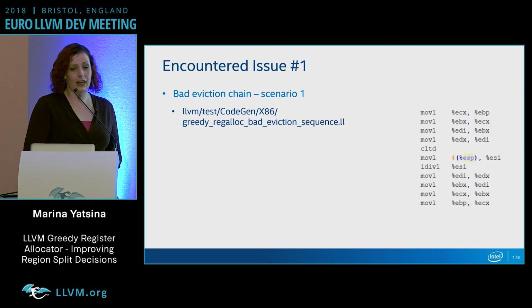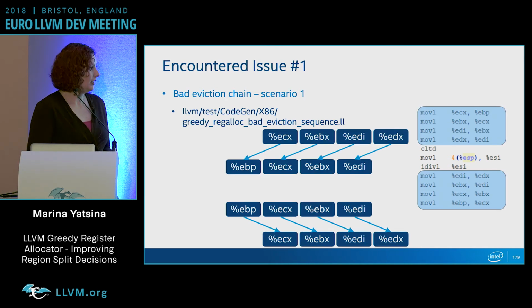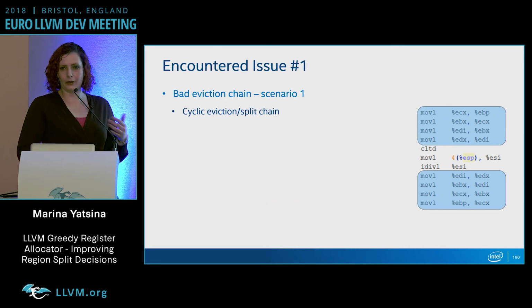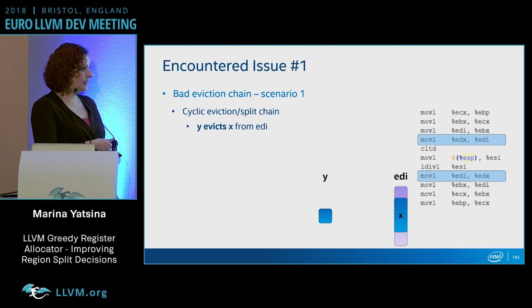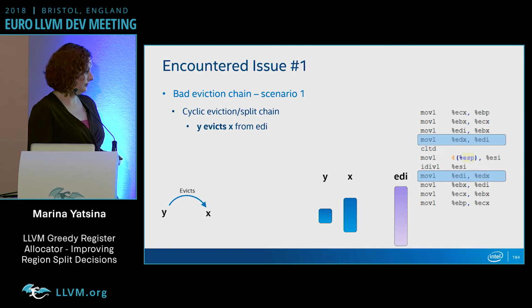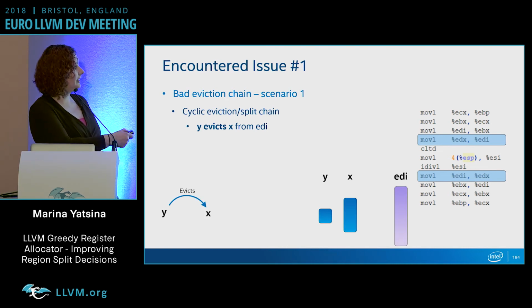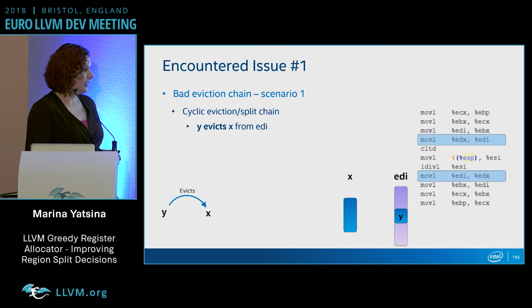So let's start with the first scenario, which was our motivating example. Now that we know how the split and eviction chain work, let's understand what happened here. If we look at a move duo again, Y evicts X from EDI. I call this a cyclic eviction split chain. Y evicts X, Y is placed into EDI, and X is split into 2 intervals.